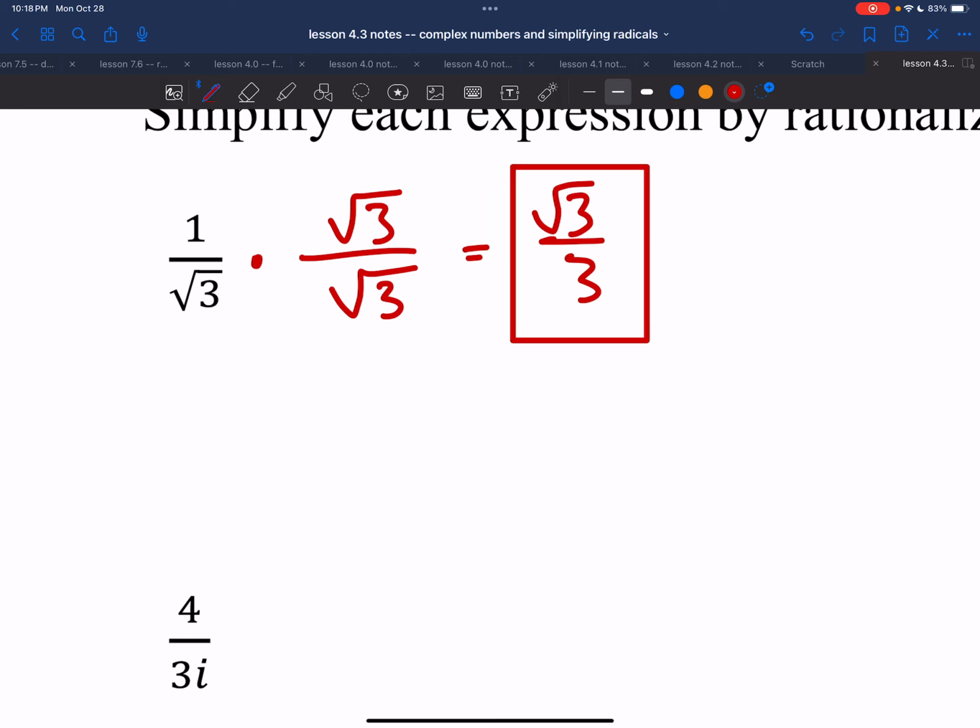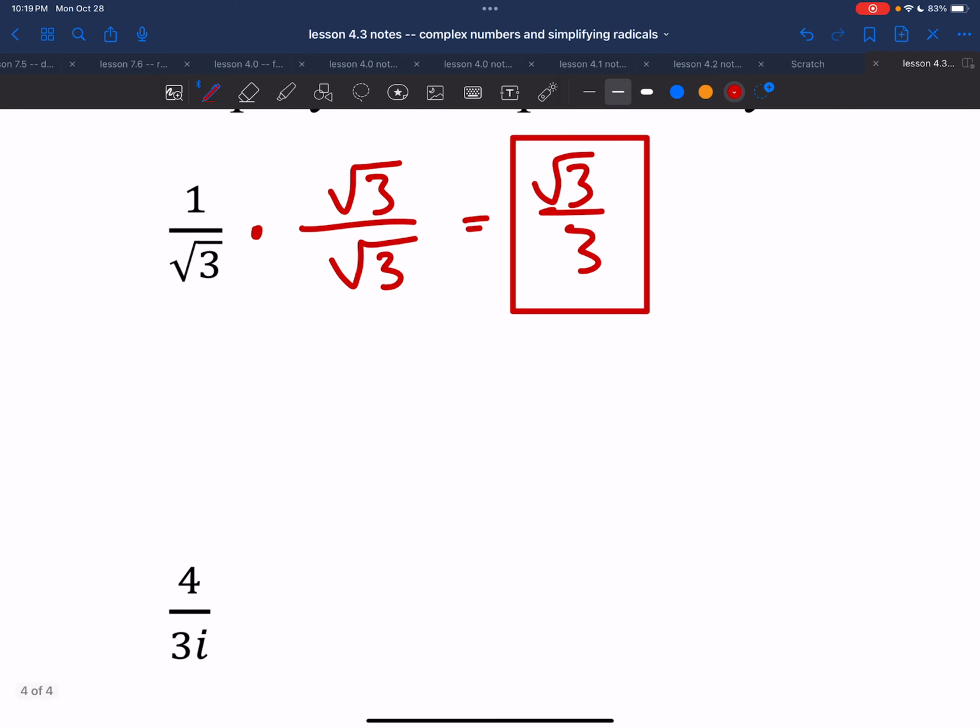Boom. You got it. And that's all we mean by rationalizing the denominator. We don't want that square root in the bottom, but it's fine if we have it in the top. Again, this is because finding out how many square root 3's fit into 1, icky. But finding how many 3's fit into square root 3, that's not as bad by hand.